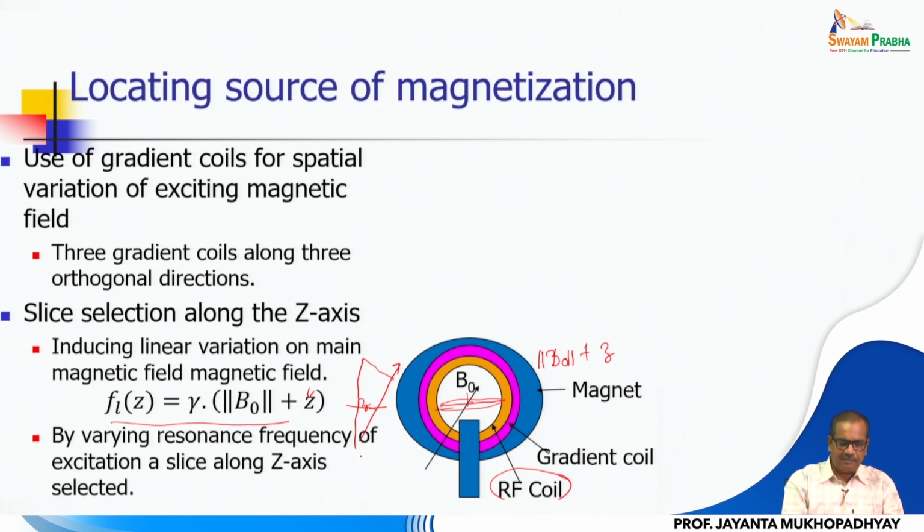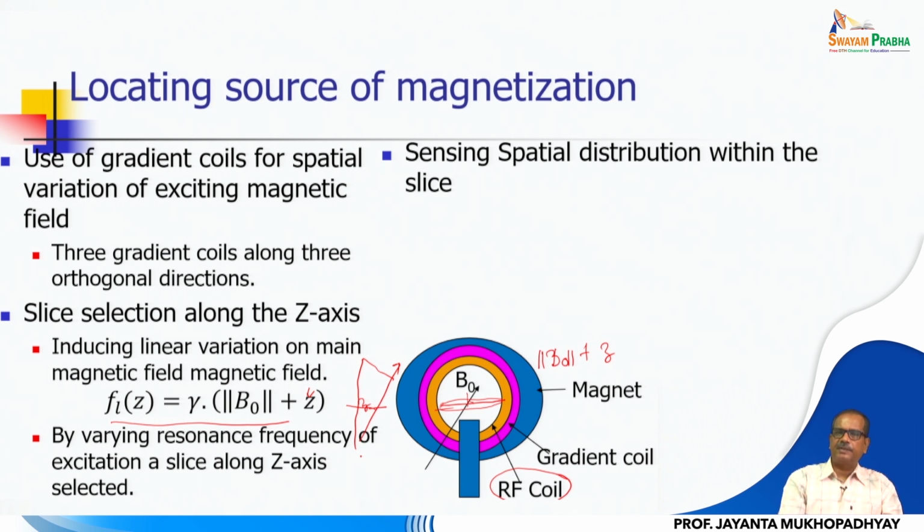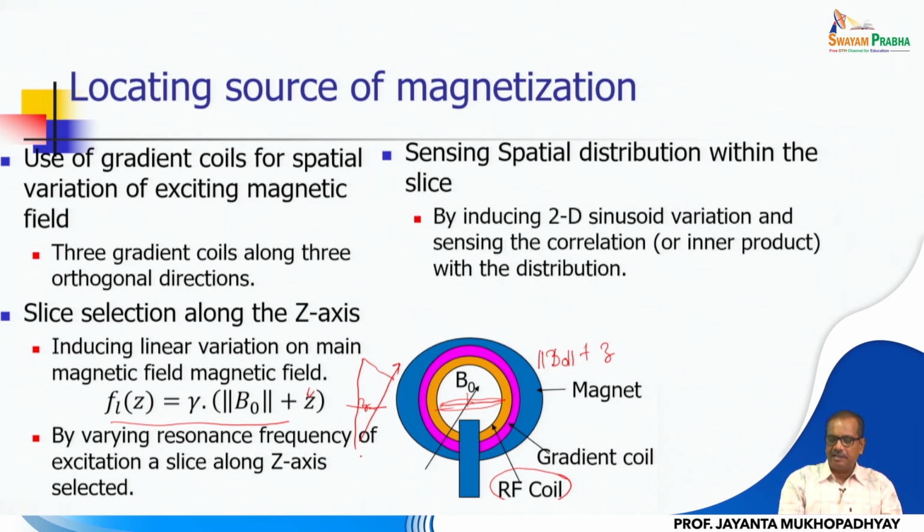So for that, we sense the spatial distribution by considering a two-dimensional sinusoidal variation of the magnetic field, and then it performs the correlation. That means it performs the inner product. This is called the phase measurement. Whenever they are in phase with that variation, that gets amplified, that gets accumulated. The out of phase gets suppressed, that is negative.